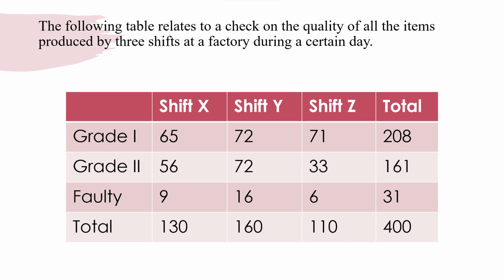If we add up these numbers, we get the total for all shifts and all grades, that is 400. We use this table to apply different addition rules of probability under different situations.